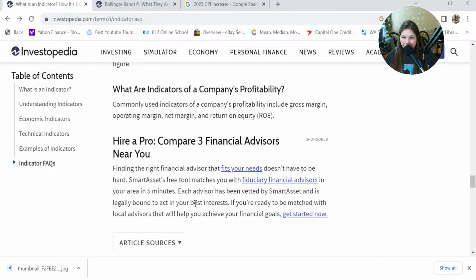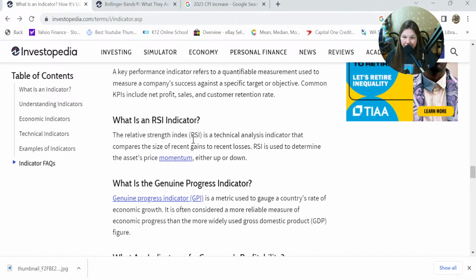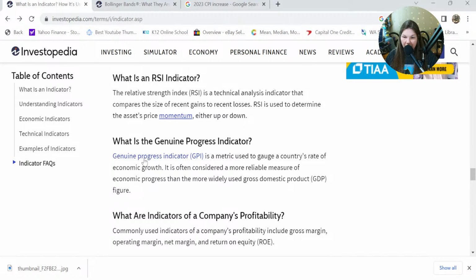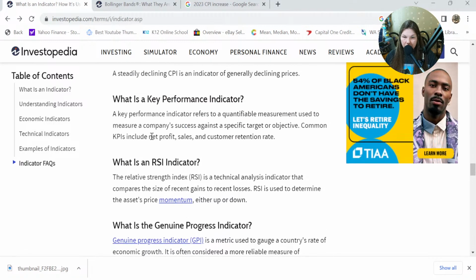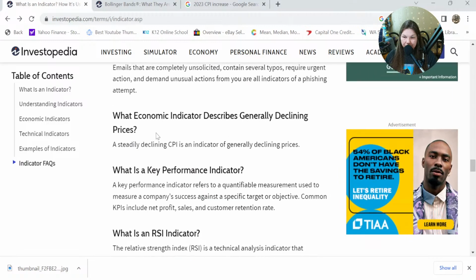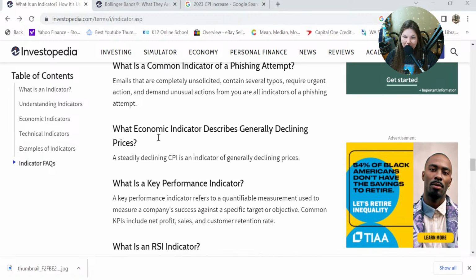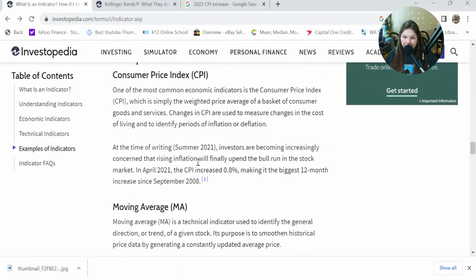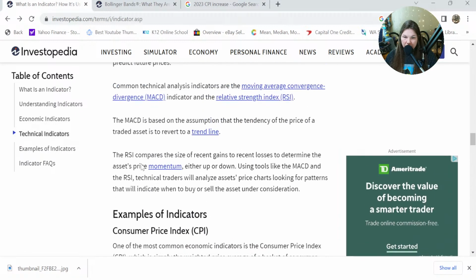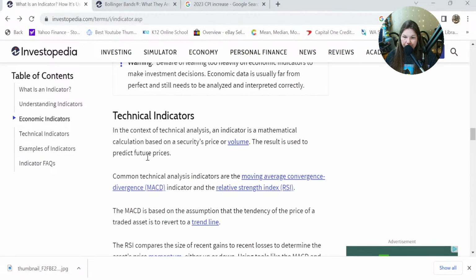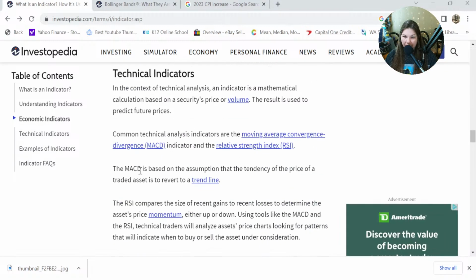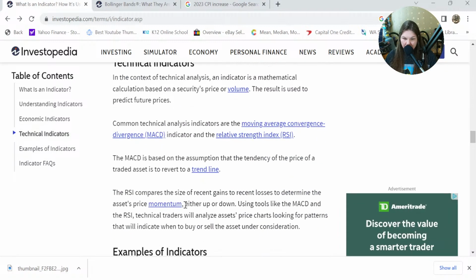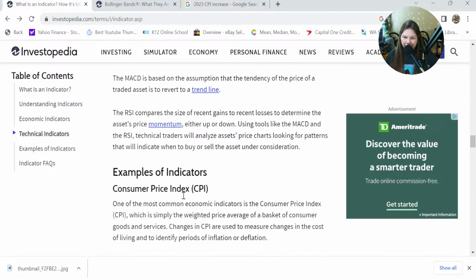Just that Bollinger Band, RSI. Okay, so they're not going to tell us about a Bollinger Band. That's okay. We're going to learn about all these.